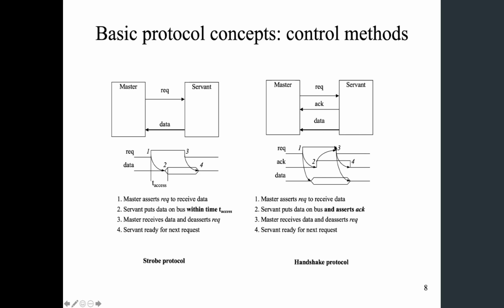And after reading the data, the master will deassert the request, indicating that the data has been read, and then the servant will respond by deasserting this ACK and also deasserting the data. So the servant is ready for the next request.